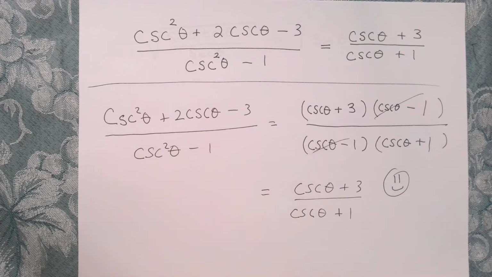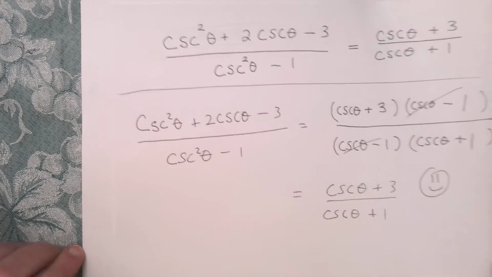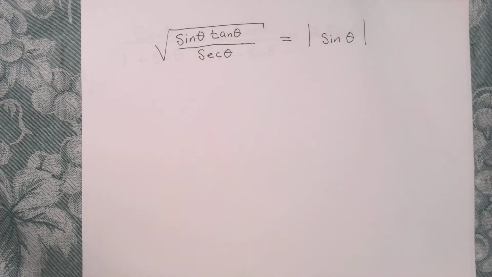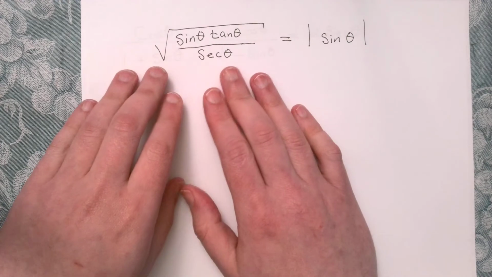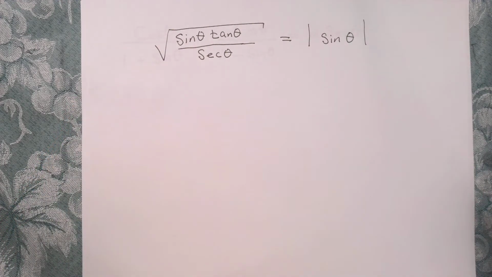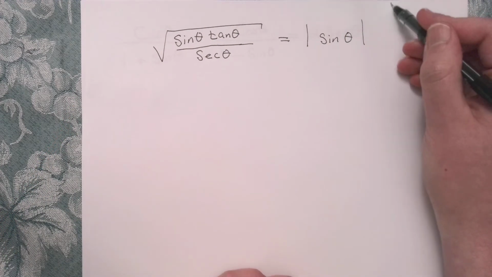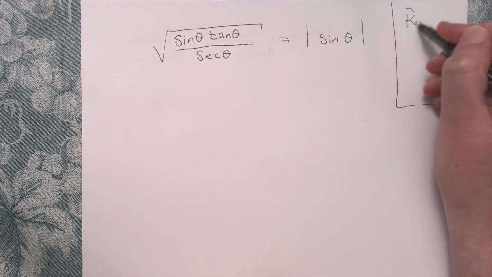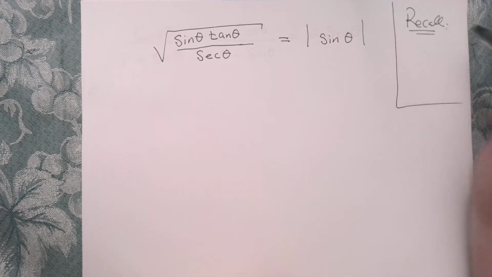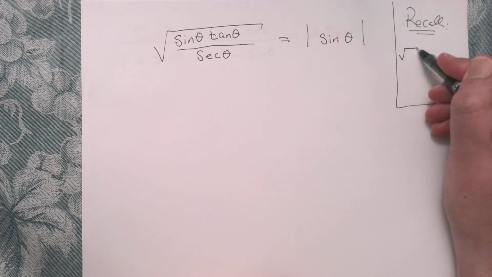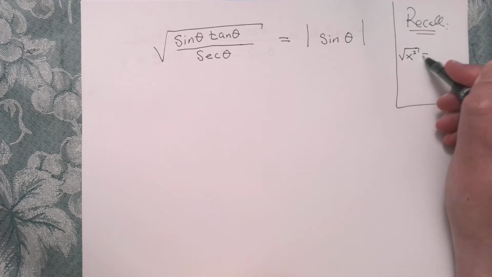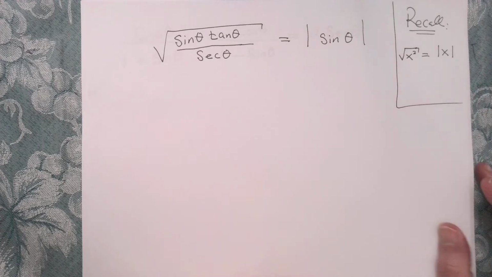Okay, so we're on a roll. This is good. Let's keep going. When I see a statement like this, the first thing my mind goes to is I want to transition from a radical to an absolute value, and I want to recall, maybe I'll put this on the side here, because I have a feeling it'll be useful, that the square root of x squared is equal to the absolute value of x.